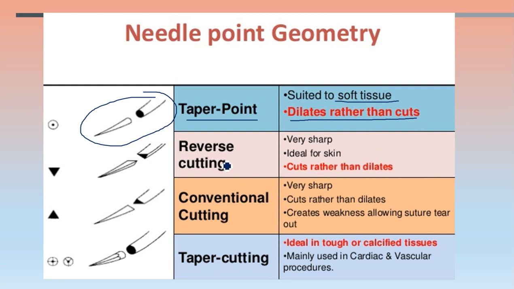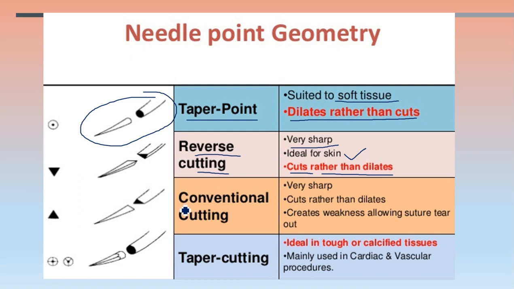Then let's come to reverse cutting. Reverse cutting is almost the opposite of the taper point, because it is cutting rather than dilating the tissue. So it is ideal for skin, a tougher structure, and this is very sharp, right? Reverse cutting and taper point are almost opposite to each other.